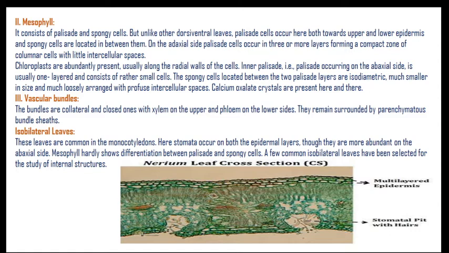The spongy cells located between the two palisade layers are isodiametric, much smaller than palisade parenchyma, and loosely arranged, and that's why profuse intercellular spaces develop. Within these spaces there are calcium oxalate crystals.